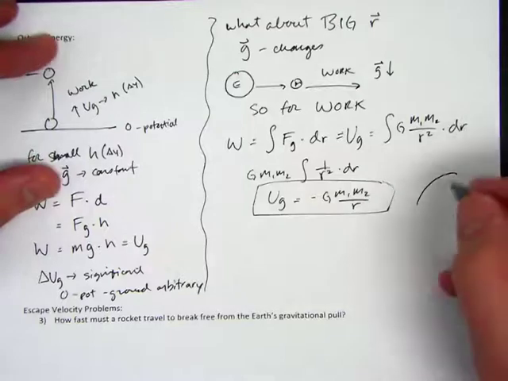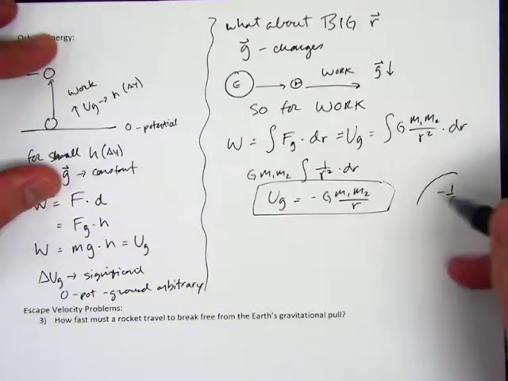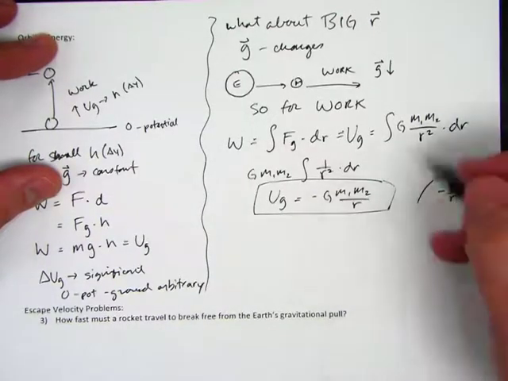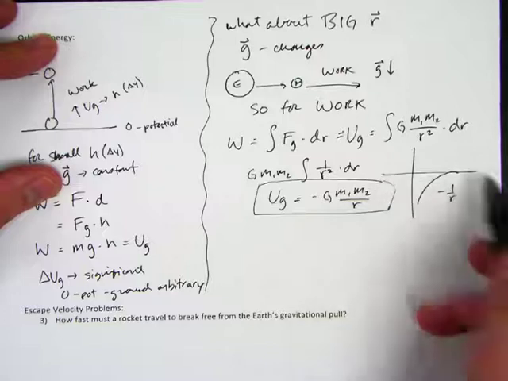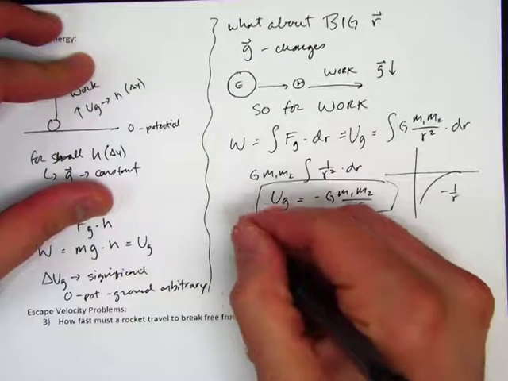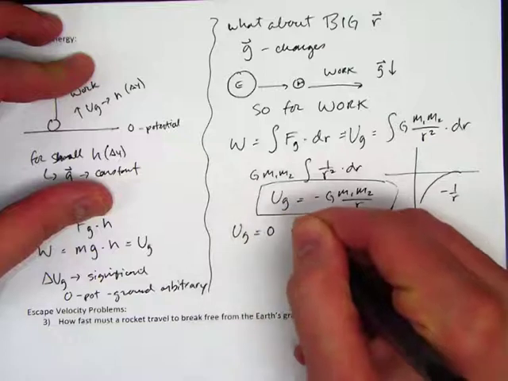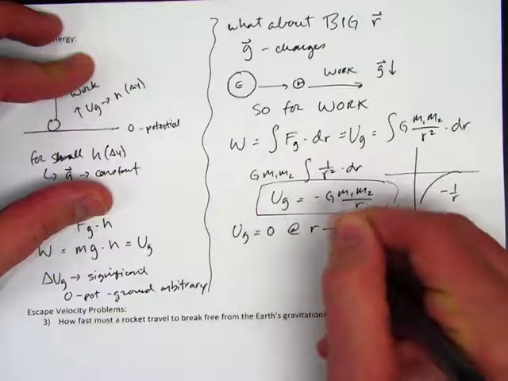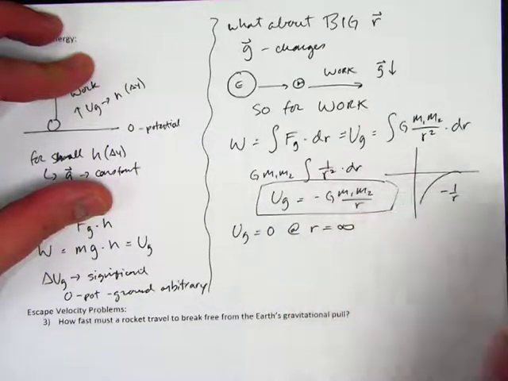So since this is a negative inverse shaped graph, when I do potential energy problems on the scale of the universe, I'm going to set UG of 0 at r equals infinity.